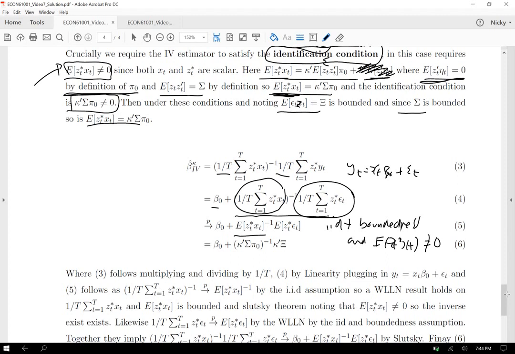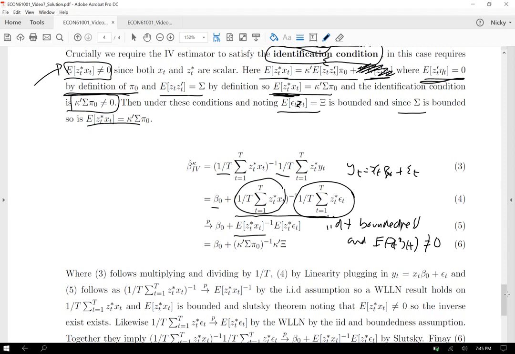So the inverse of the sample average converges to the inverse of the population expectation.